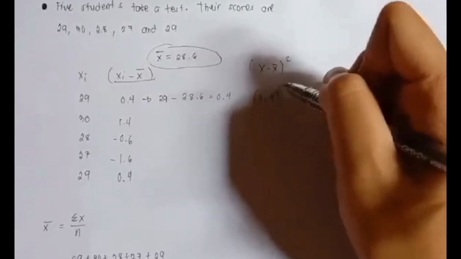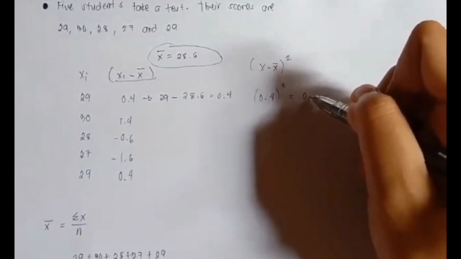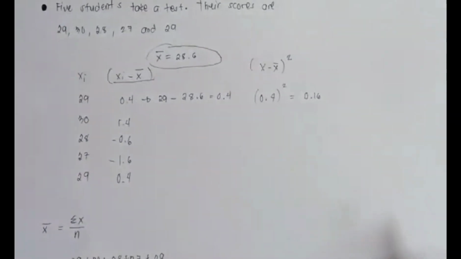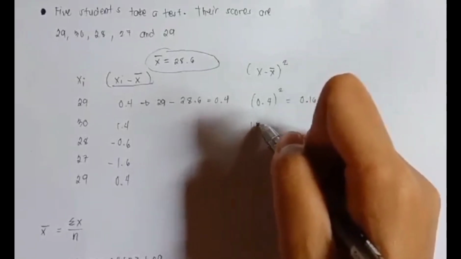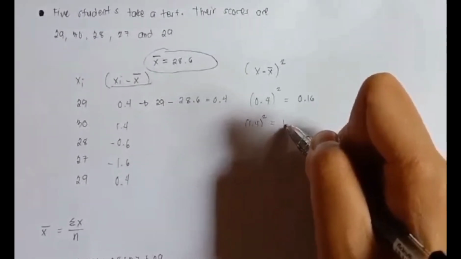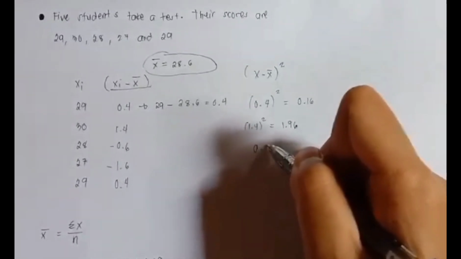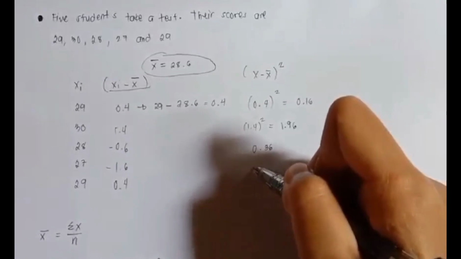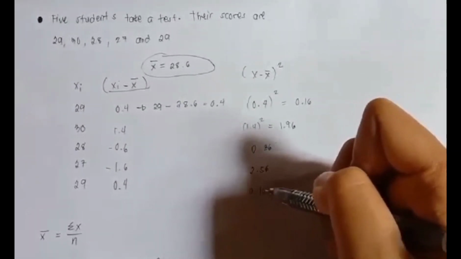So 0.4 squared equals 0.16. Then 1.4 squared equals 1.96. Then 0.36, 2.56, and 0.16.